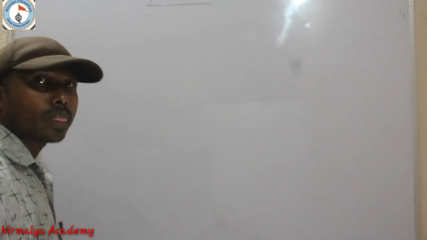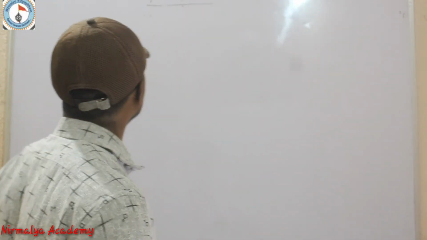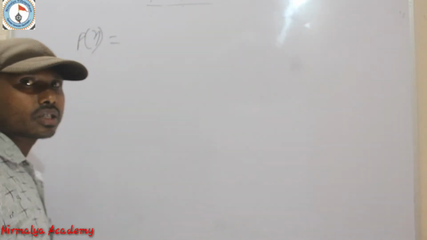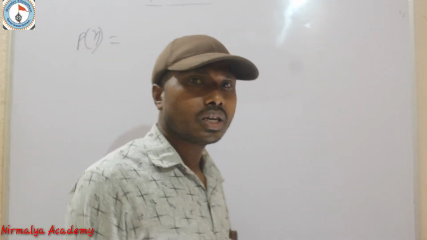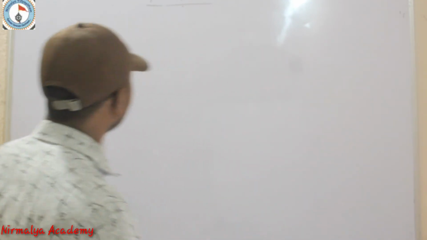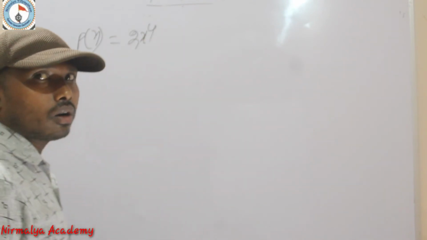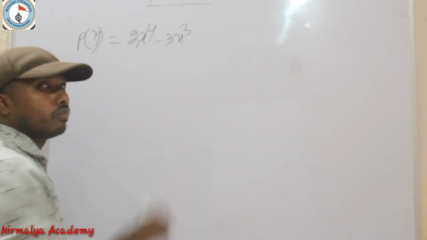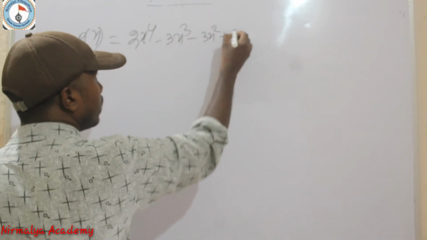Let's take an example. Find all the zeros of the polynomial in variable x, p(x) equals 2x to the power 4 minus 3x to the power 3 minus 3x square plus 6x minus 2.